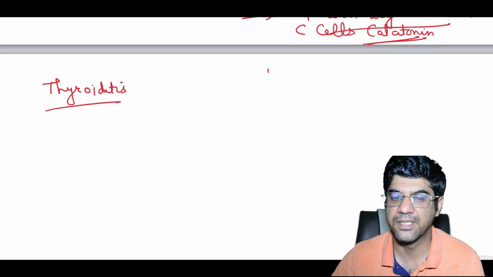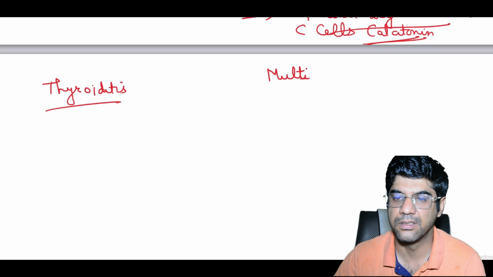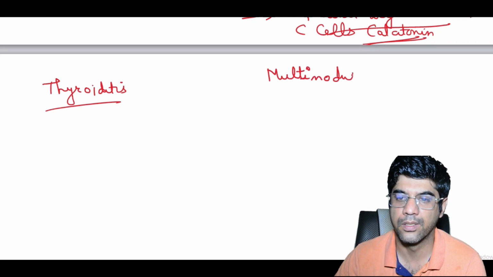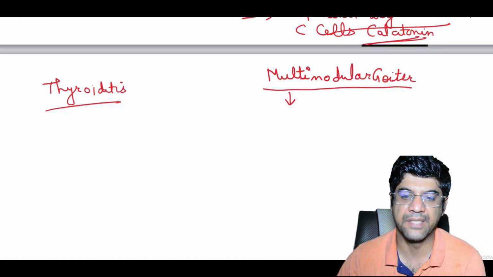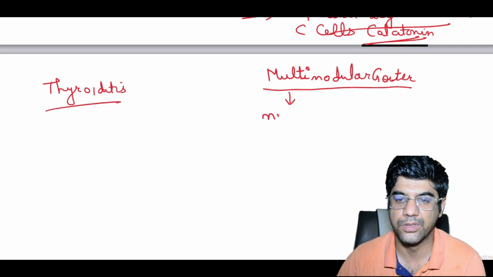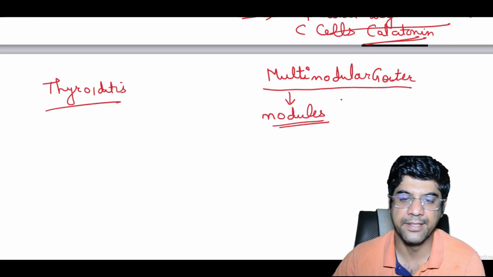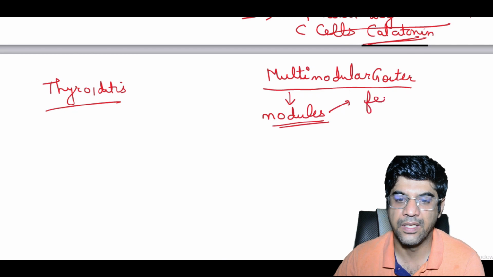So let us discuss first the multinodular goiter. So here you would see presence of multiple nodules within the thyroid gland, and it is more common in females due to the hormonal factors.